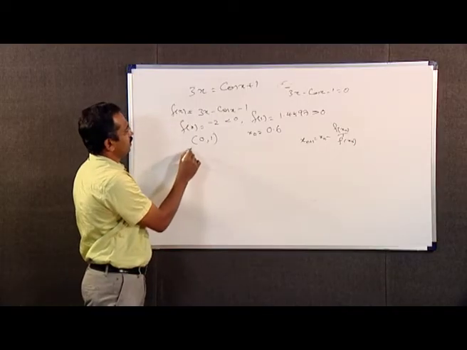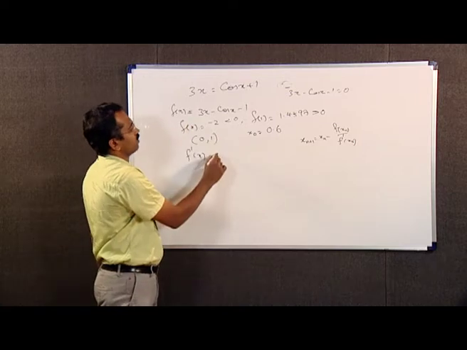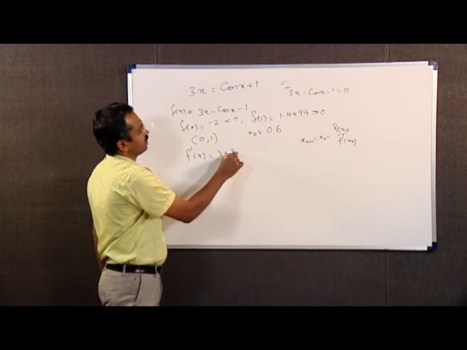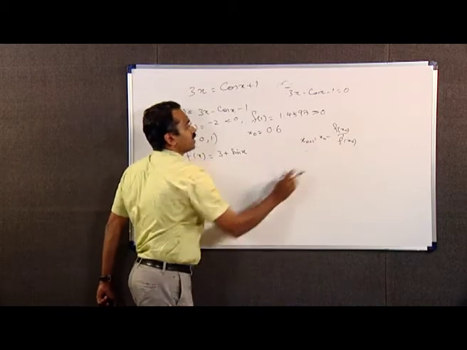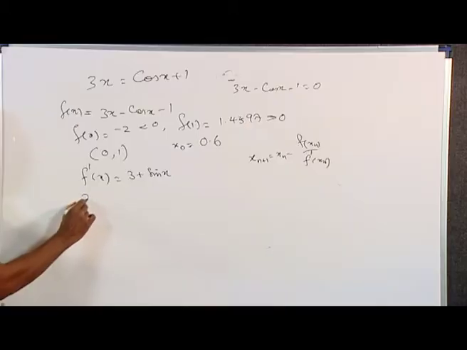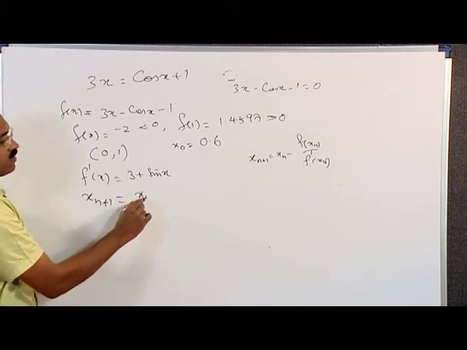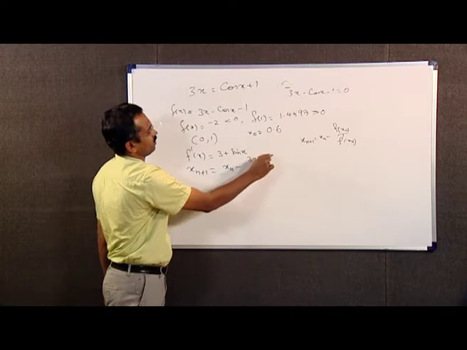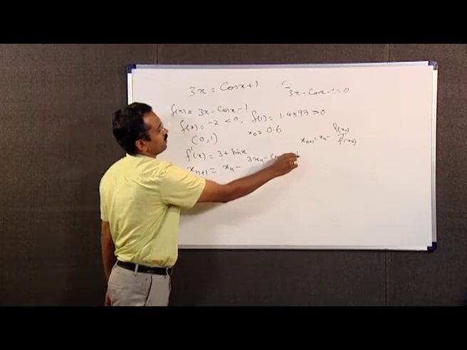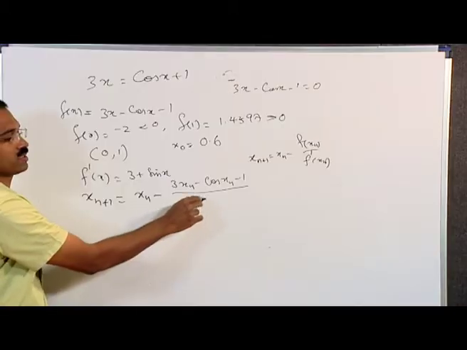Here, f dash of x is equal to 3 plus sin x. Then the RHS becomes x n plus 1 is equal to x n minus f of x n, which is 3 x n minus cos x n minus 1, divided by f dash of x n, which is 3 plus sin x n.